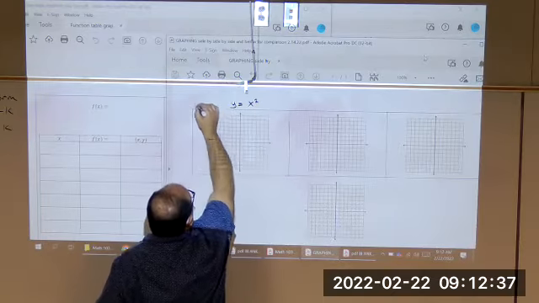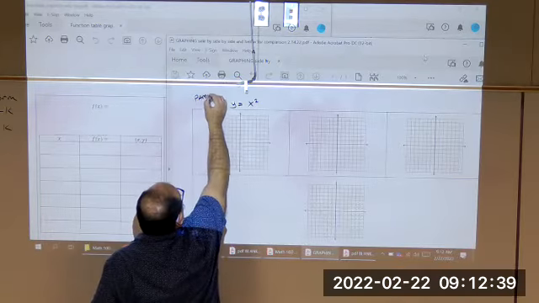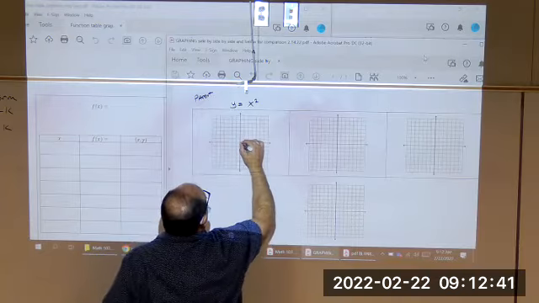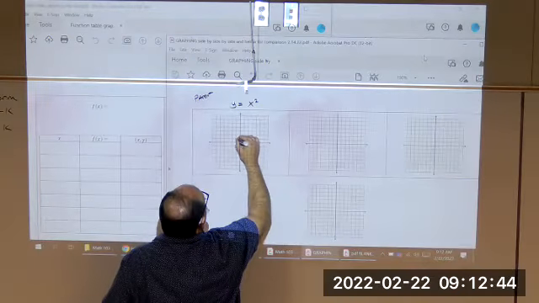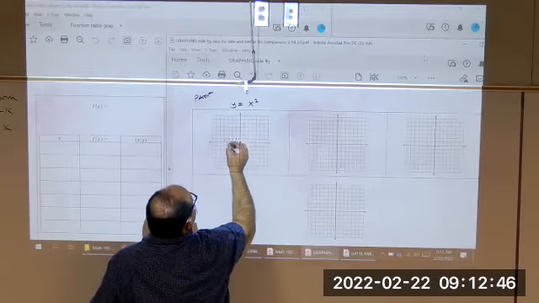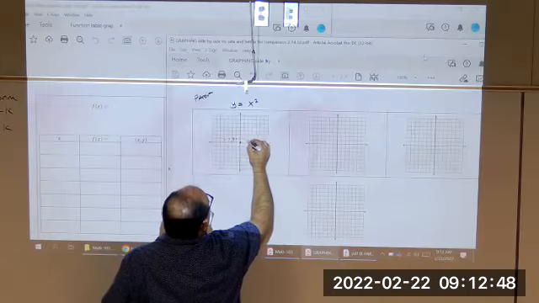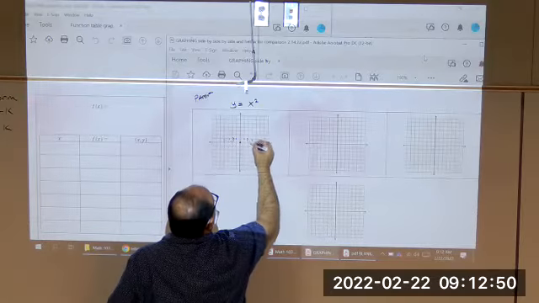This is our parent graph. 0, 0. We have -1, +1. We got 1, 1. Okay.